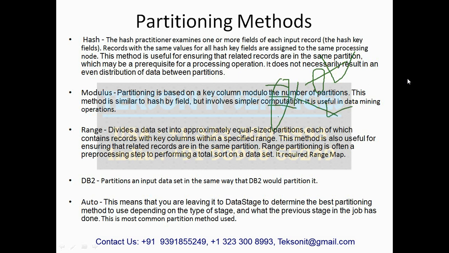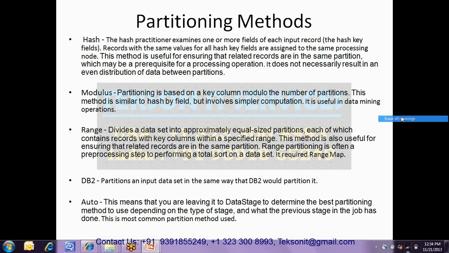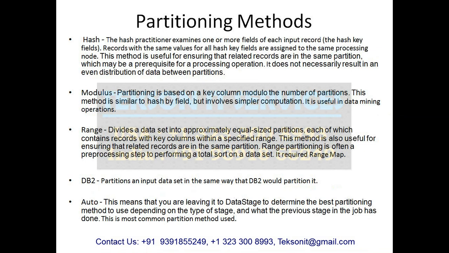Now the next is hash partitioning. Hash partitioning is basically a key-based partitioning in which the data is partitioned based on a hashing algorithm. Here we need to define a key, any key based on which the processing takes place.